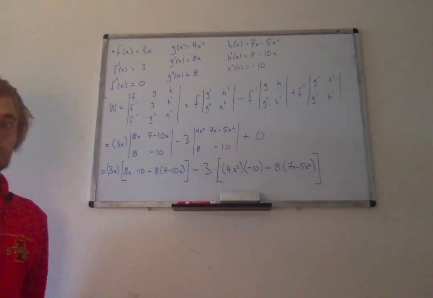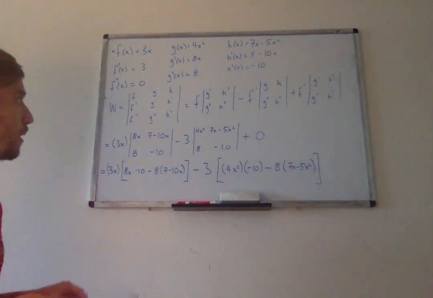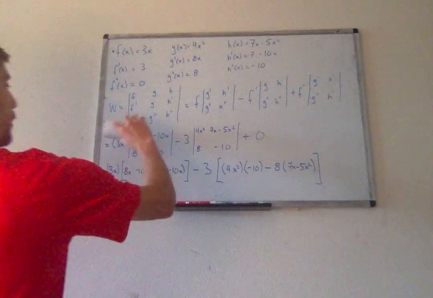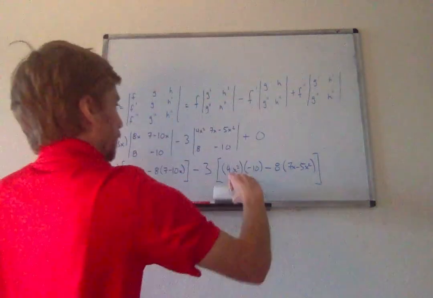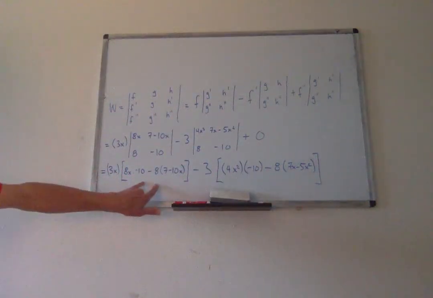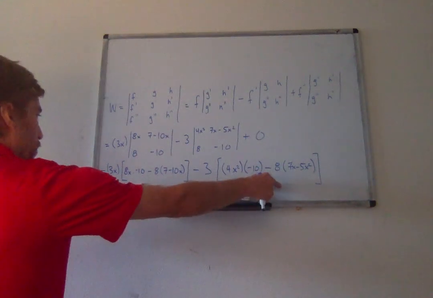Like I said, a lot of algebra, but thankfully algebra is just so much fun. So maybe what I'll do is I will just start erasing up top here. All right, I'm going to focus on inside the brackets first.